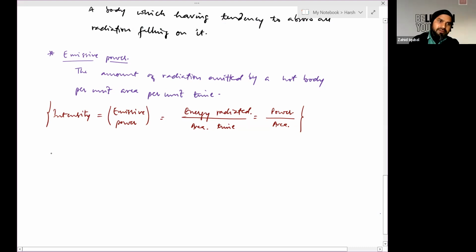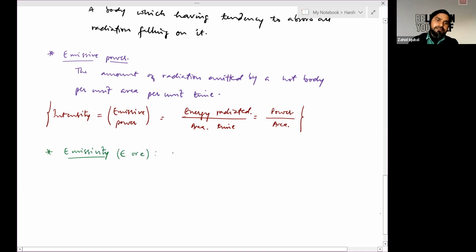Next, to define emissive power for any ordinary body with respect to a perfectly black body, we define another term called emissivity, denoted by epsilon or small e.